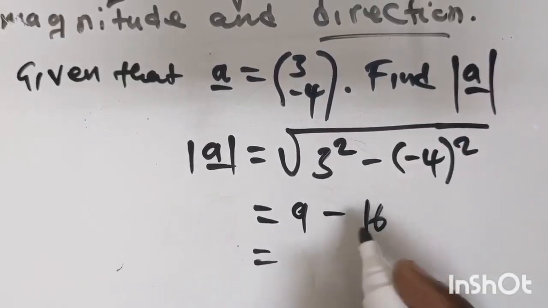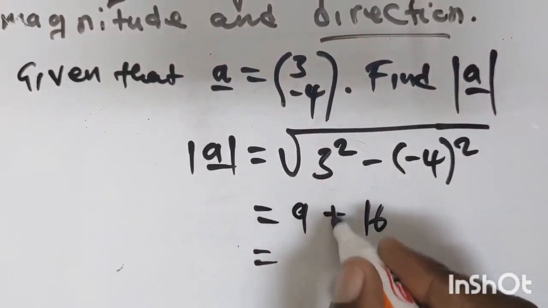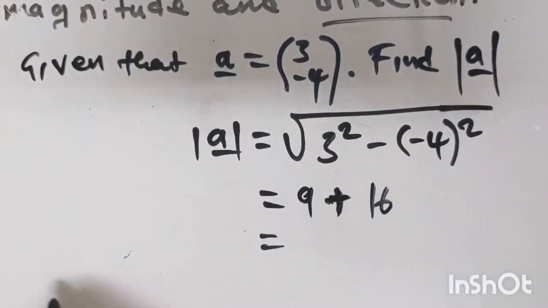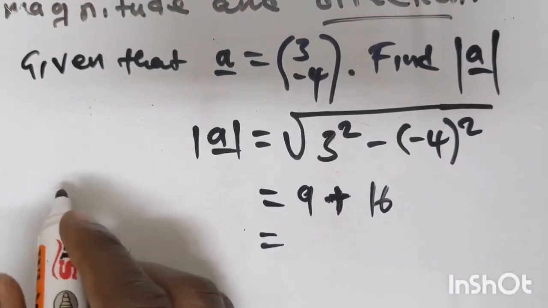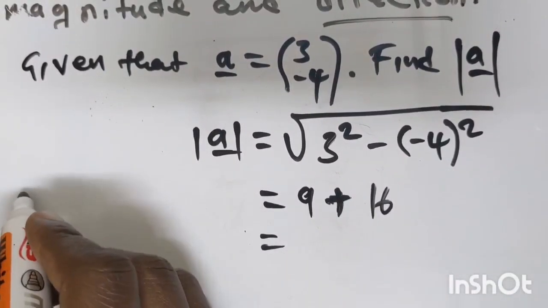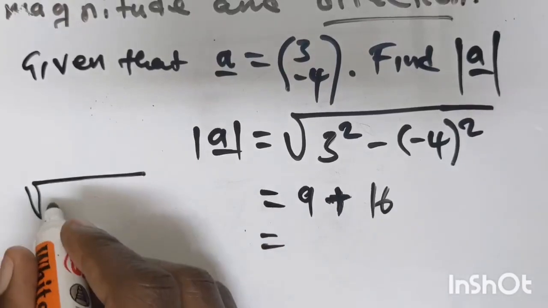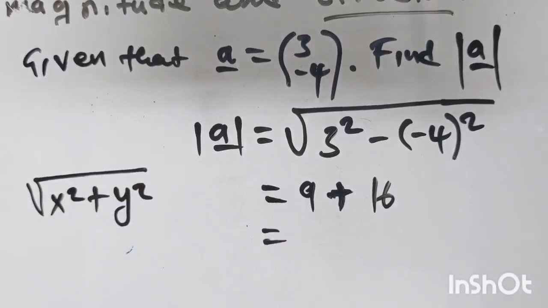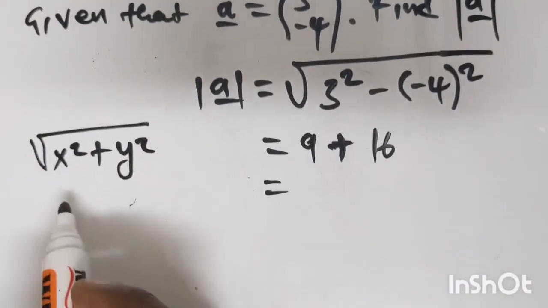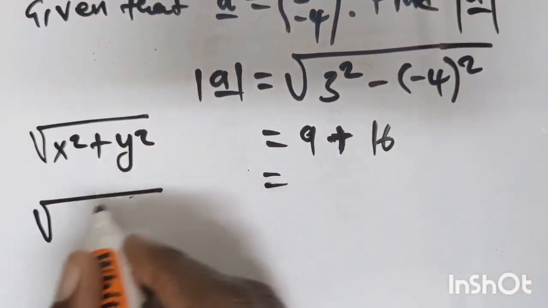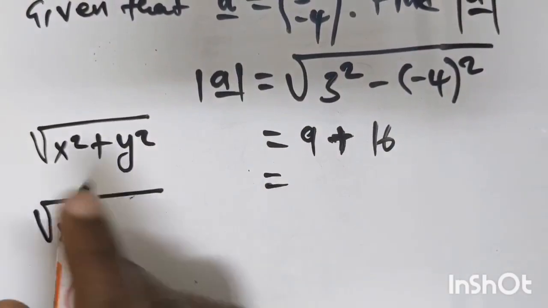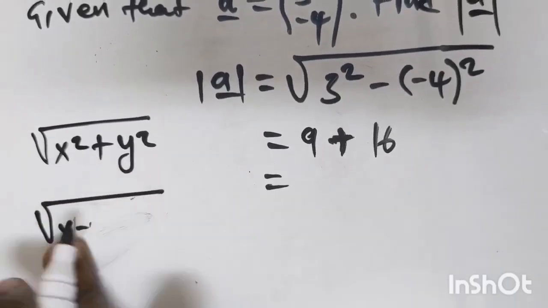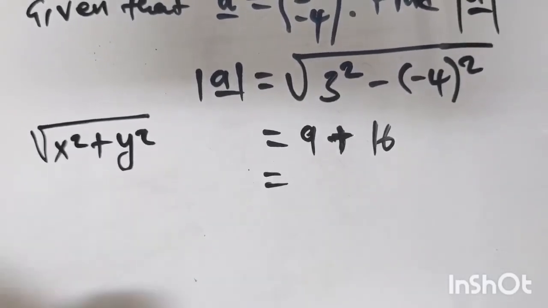Oh, I actually forgot. Here we are adding. Here we are supposed to add. So the formula for the magnitude is the square root of x squared plus y squared.